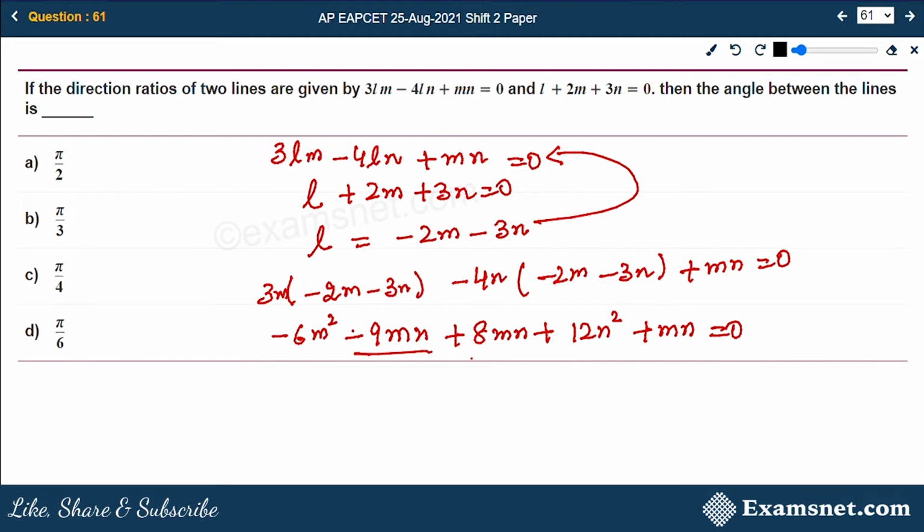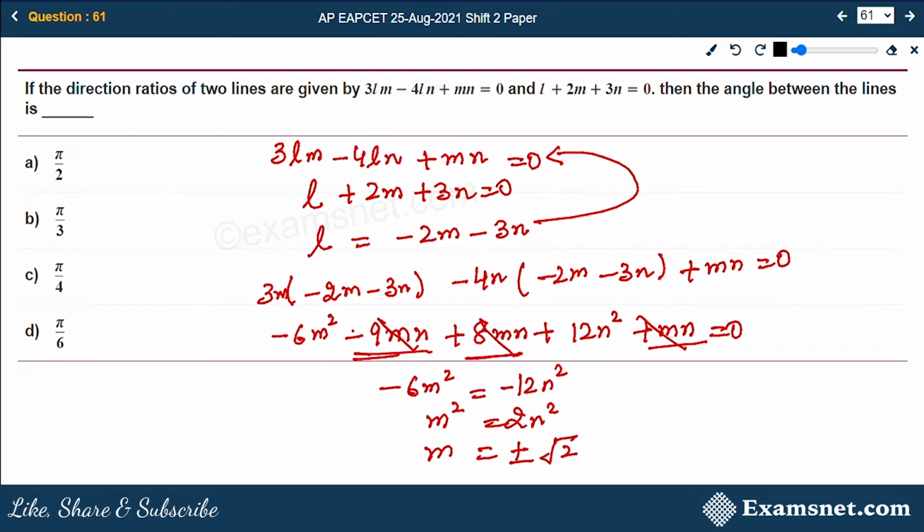This is minus 9mn plus 8mn plus mn, so they will cancel. This is minus 6m square is equal to minus 12n square, which makes it m square is equal to 2n square, or m is equal to plus minus under root 2 n.